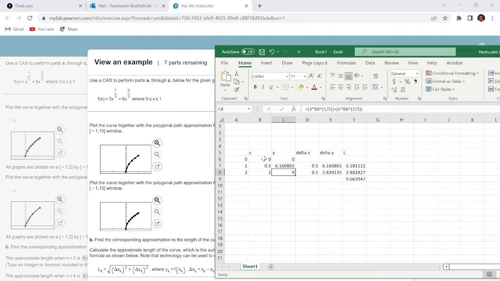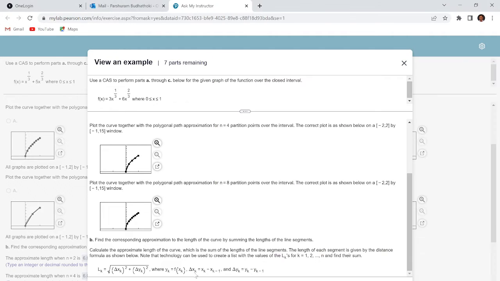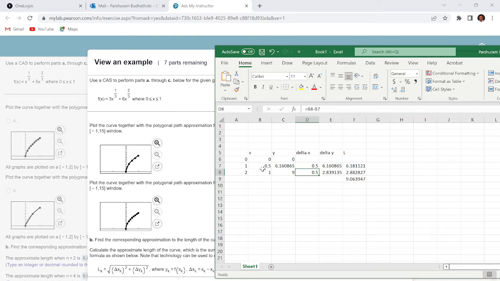Based on these x values and y values, we can find del x. Del x1 is the difference x1 minus x0, which is half, because x1 minus x0 is half, and x2 minus x1 is again half.